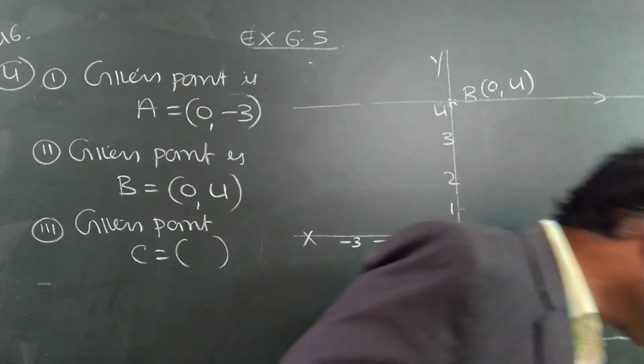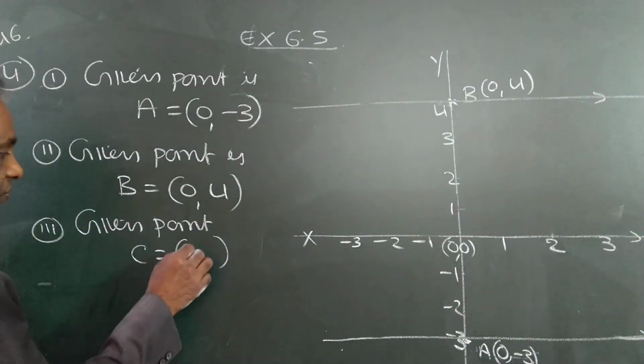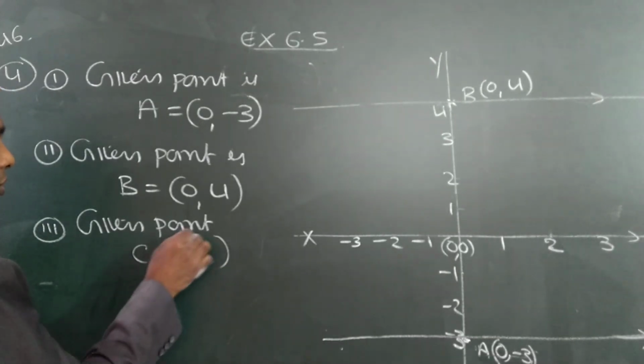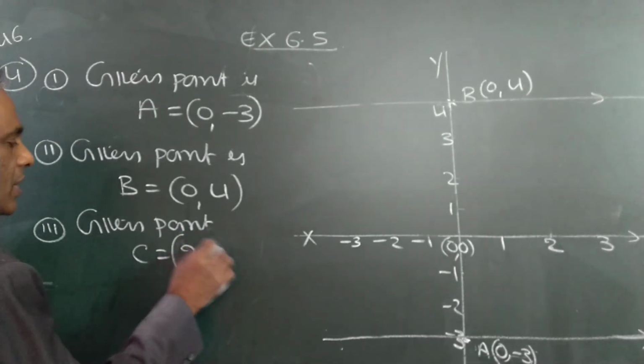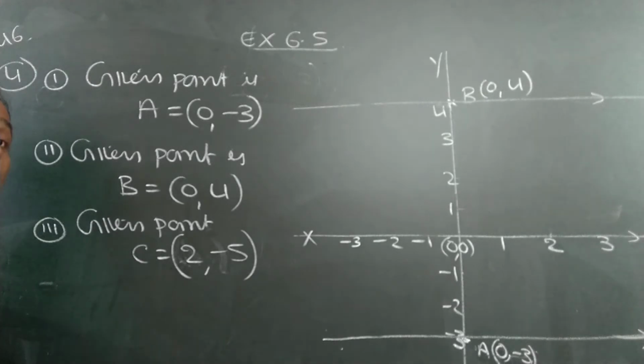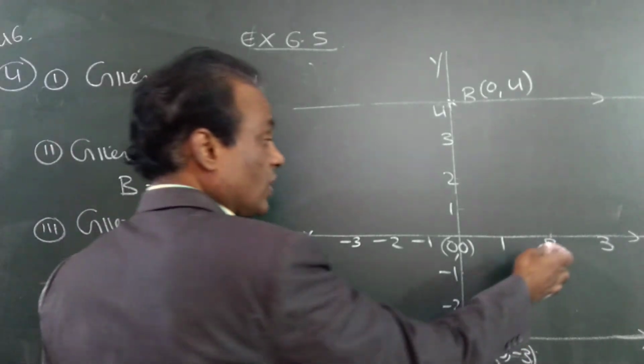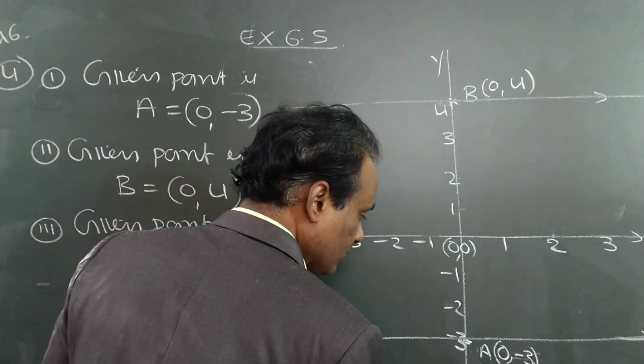The third point is (2, minus 5). X value 2, y value minus 5.